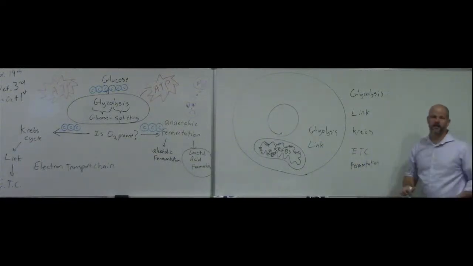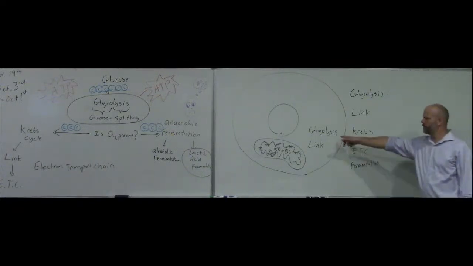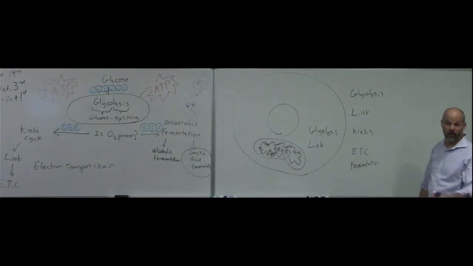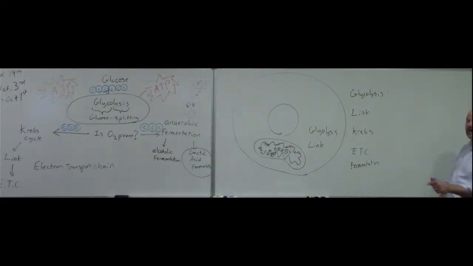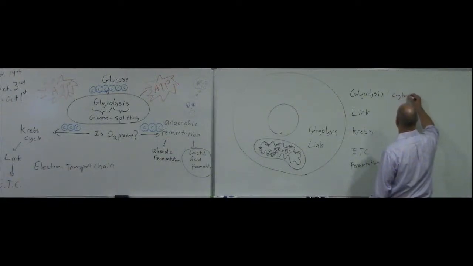Where in the cell does glycolysis occur? Outside. It's in the cell. Well, what's this outside called? You're going to have to know this. You've got a test in a week. Cytoplasm. Okay? Glycolysis happens in the cytoplasm.